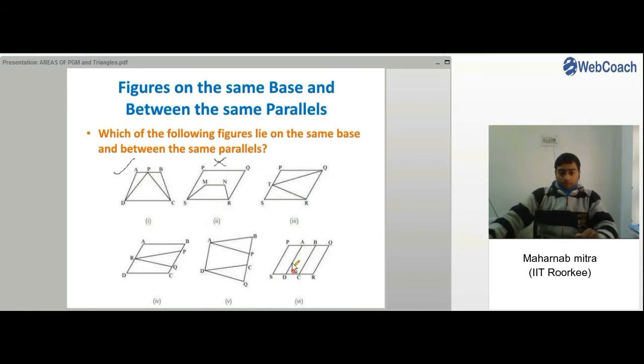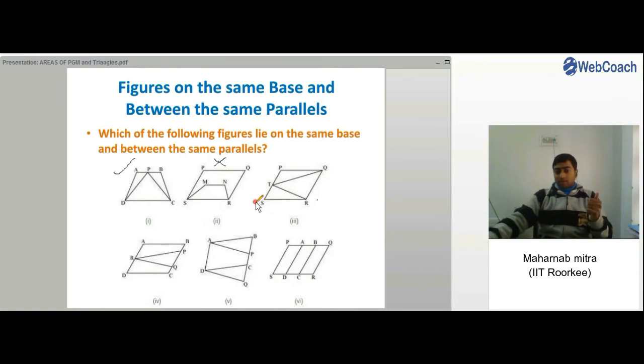Let's talk about the third figure. Now you can see, if we look by taking the figure sideways, let us take QR as the base. You can see we have a triangle and a parallelogram once again. QR is parallel to PS, right?